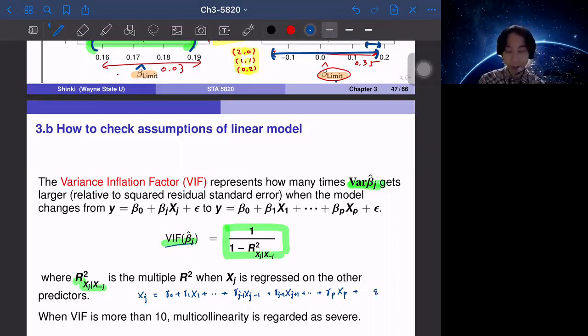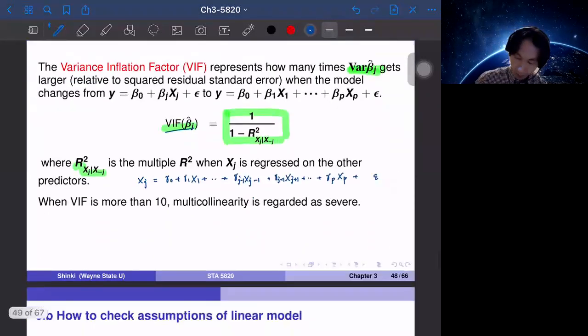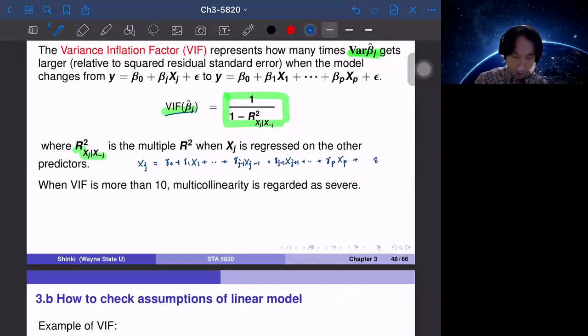We don't prove the theorem here, but we use some matrix algebra to prove it. Here x_minus_j means x1 to xp, excluding x_j, so we subtract x_j as a set. There isn't a specific magic number to find the problematic regression, but if the variance inflation factor is more than 10, usually people think multicollinearity is severe.